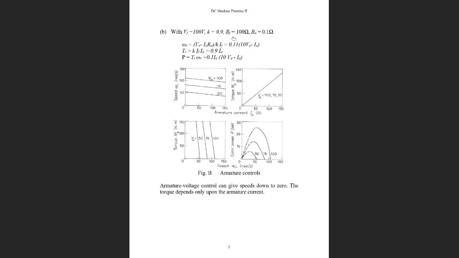The field current is given by VF over RF. So also the powers, as functions of the armature current and the terminal voltage.